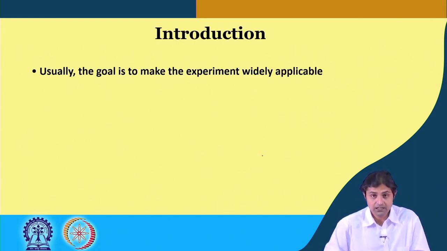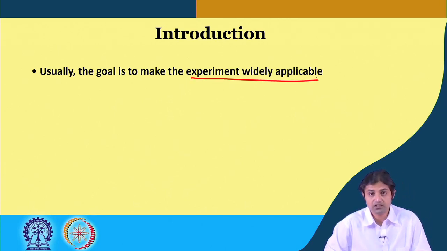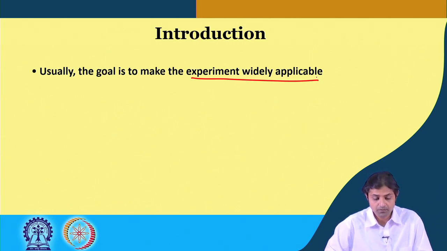So, what is the most important goal of this exercise? The goal is to make those experiments that we have done widely applicable, not only for the conditions that the experiment was done, but so that those experiments can be applied to other scenarios as well.